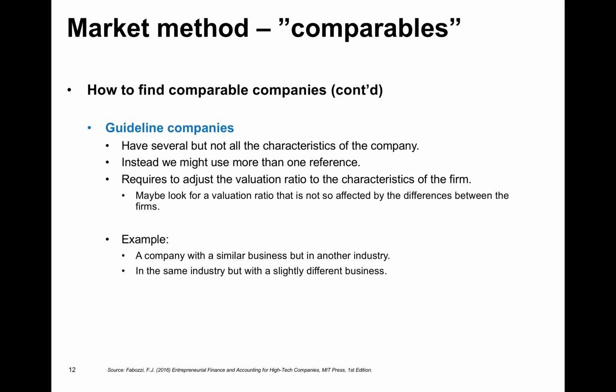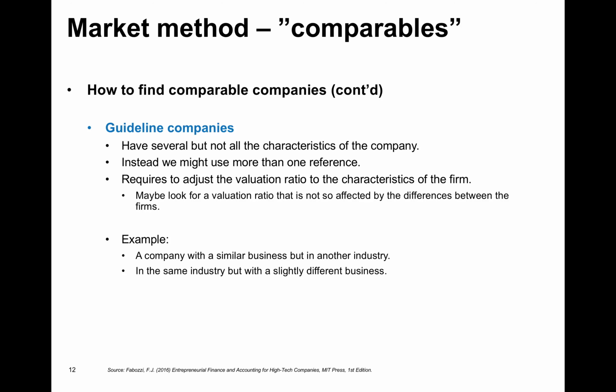Welcome back. Now we will do something similar, but now for guideline companies. Guideline companies have several, but not all, of the exact characteristics of the company. So what happens here is that we need to combine, maybe it's a pharma company that is also exposed to some biotech business and maybe even has some diagnostics business unit.